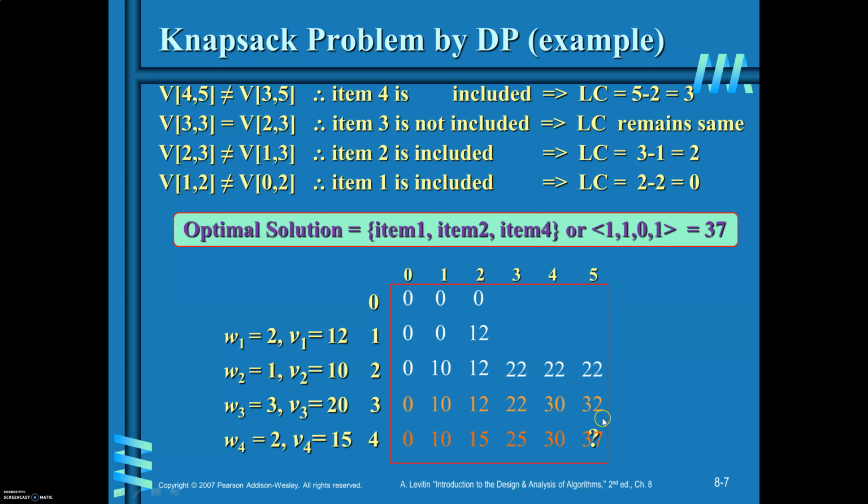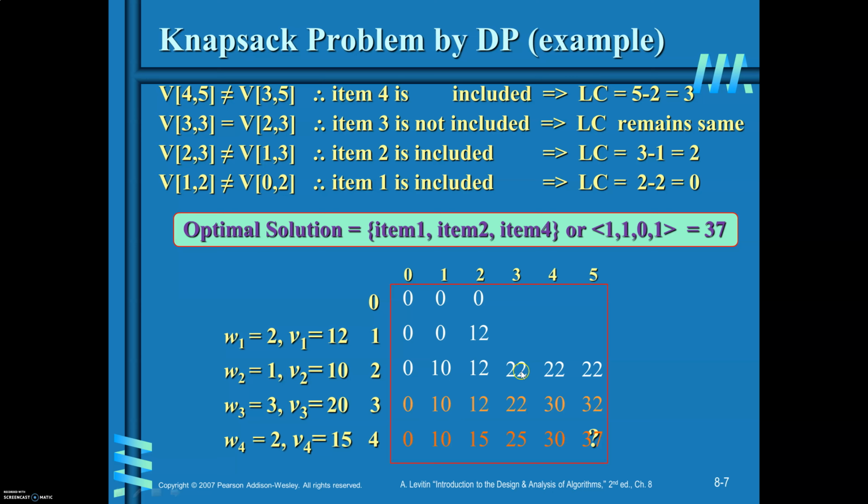So when you backtrack here, these two are not the same. Item 4 is included. When item 4 is included, now the left out capacity is 3 only. So consider item 3, whether it can be included or not. It cannot be, because V3 comma 3 is the same as that of V23, so not included.